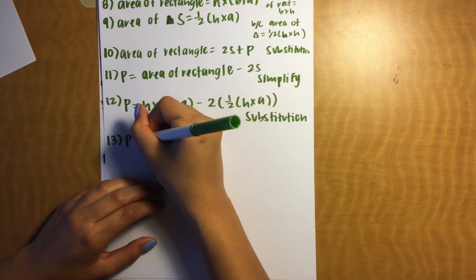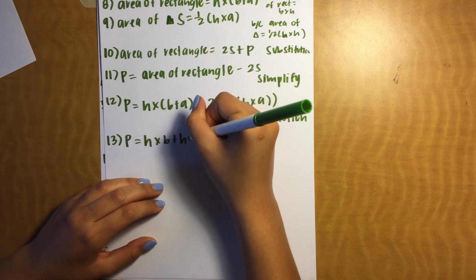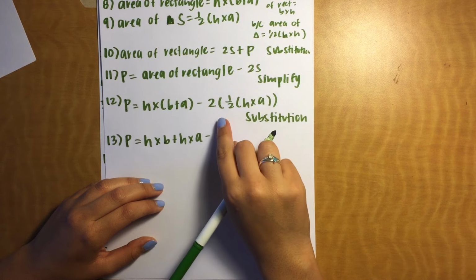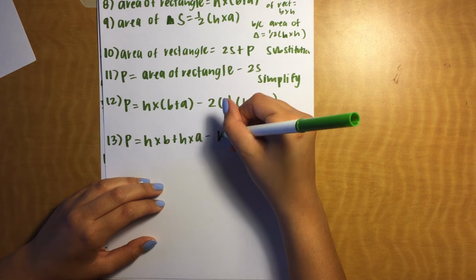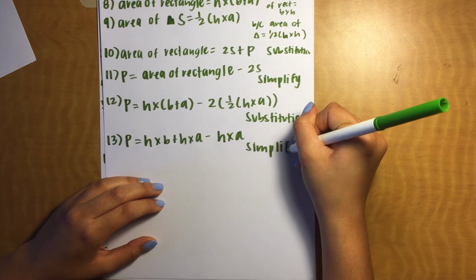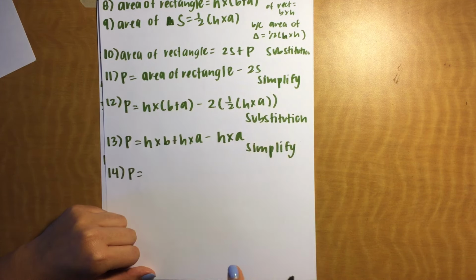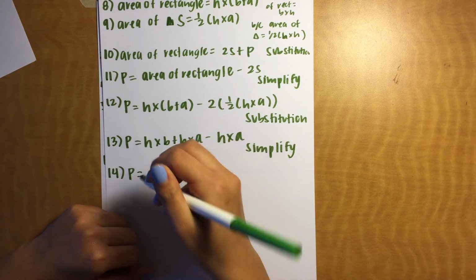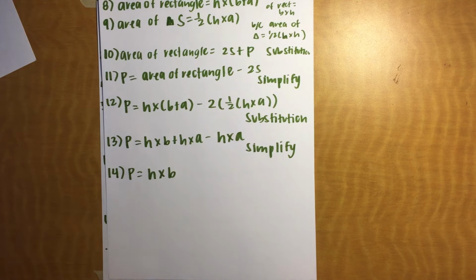So P equals H times B plus H times A minus, and then let's multiply this out. 2 times 1/2 is just 1, so minus H times A. This is simplifying. And then P equals H times B plus H times A minus H times A, so H times B. And there we go.